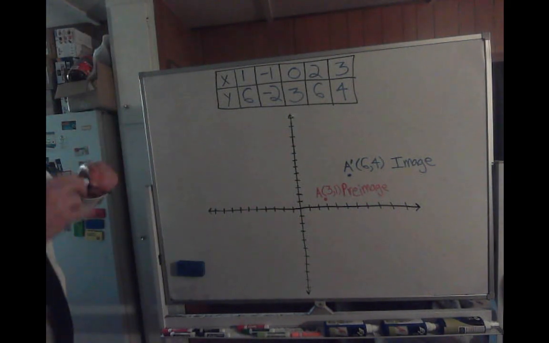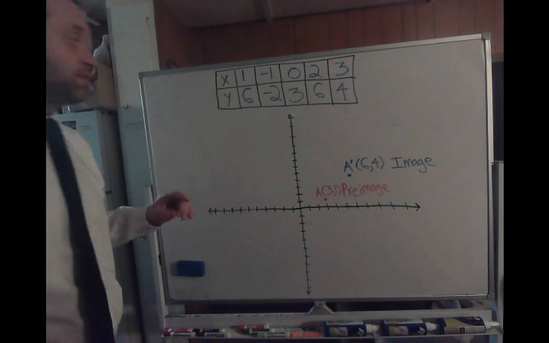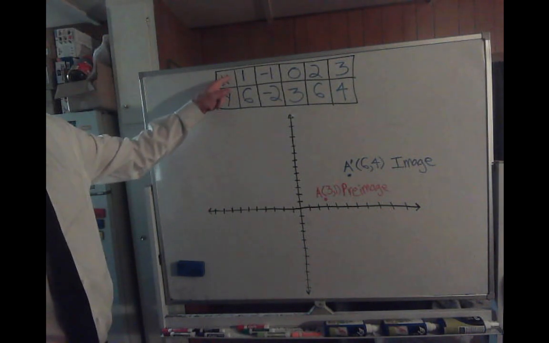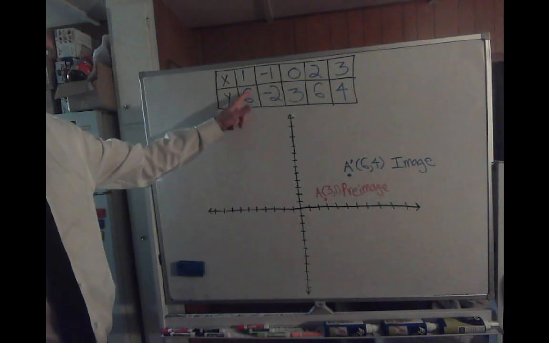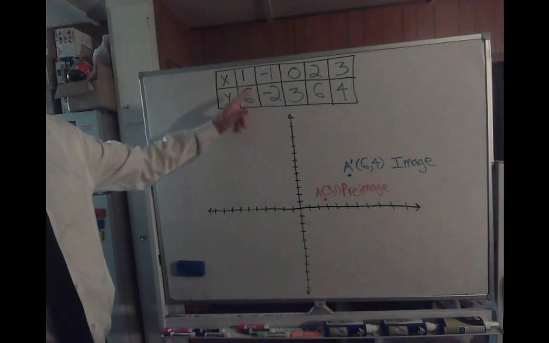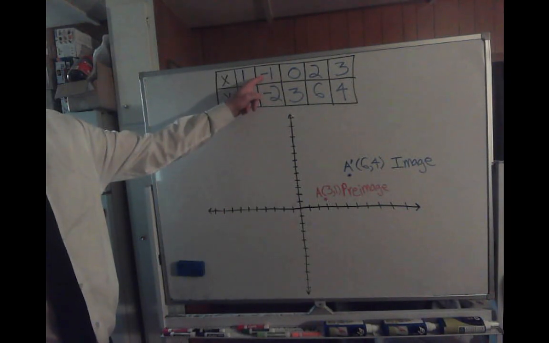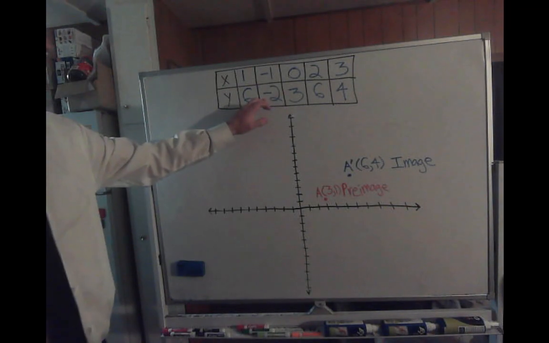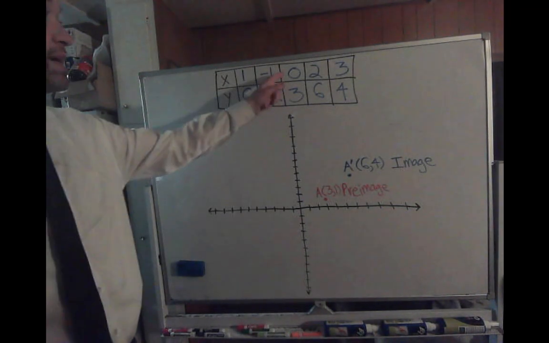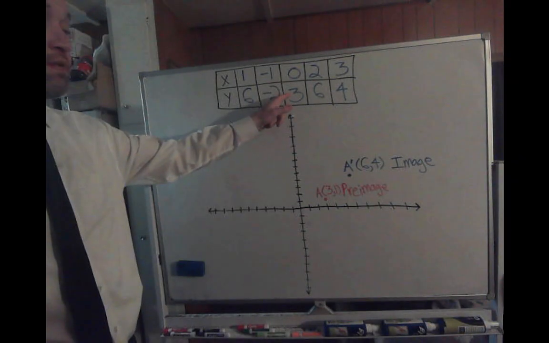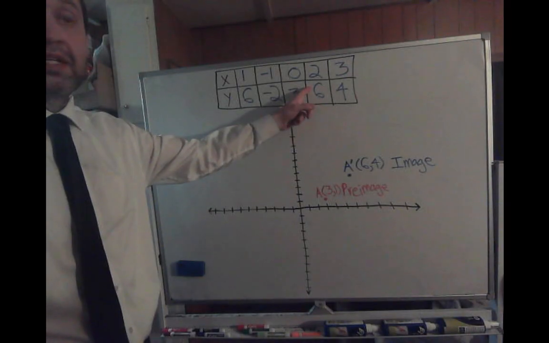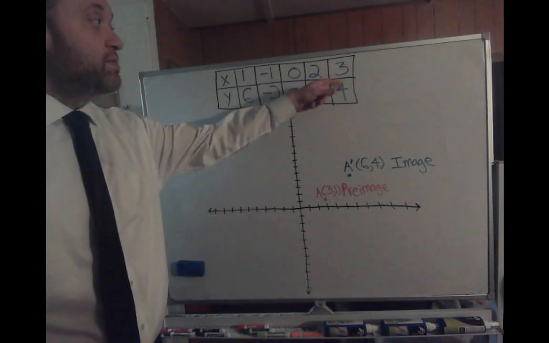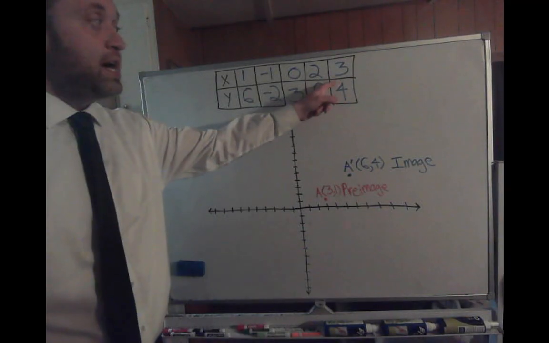So here's another function where we have the x value of 1 in the domain with a y value of 6 in the range, an x value of -1 with a y value of -2, an x value of 0 with a y value of 3, then we have an x value of 2 with a y value of 6, then we have an x value of 3 with a y value of 4.